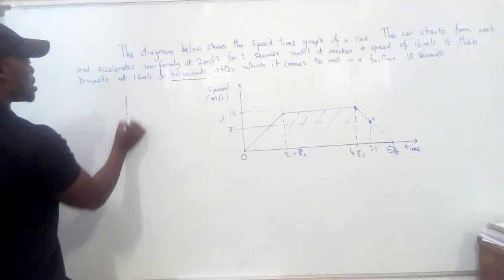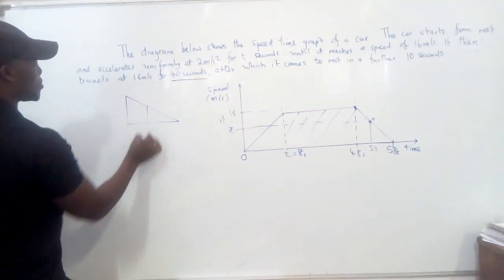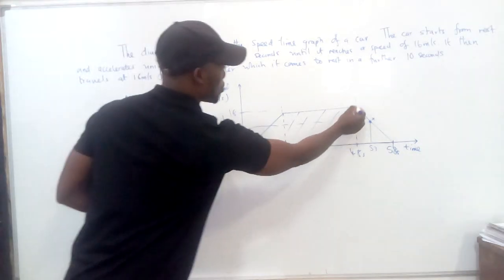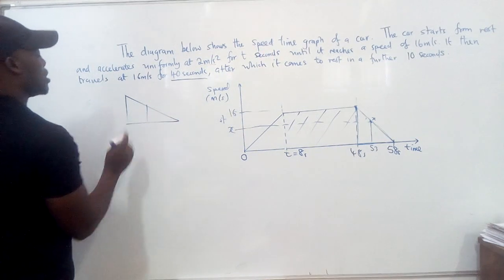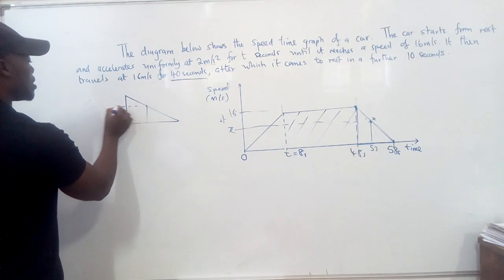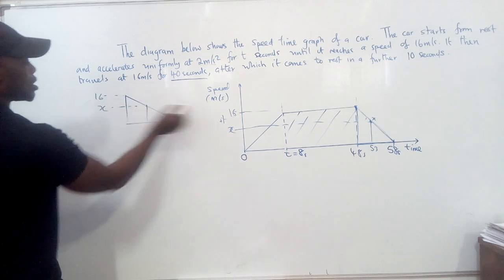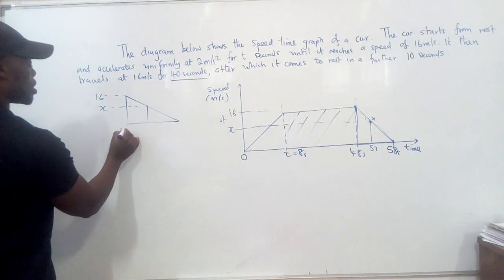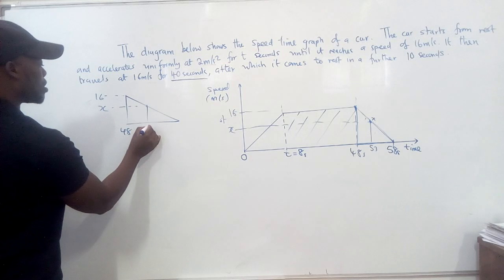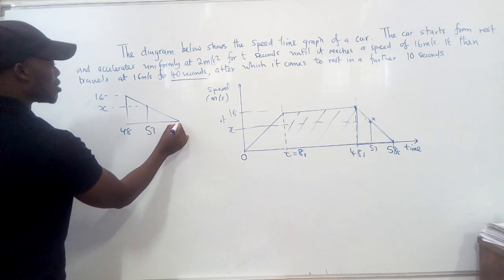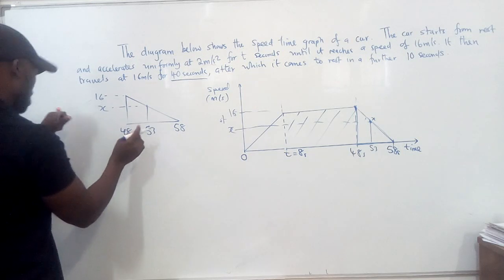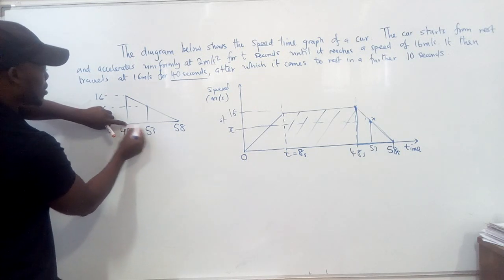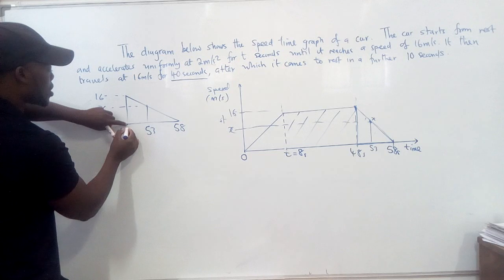We use the idea of similarity. So you see, I've just gotten this part over here. Here the distance we don't know, the speed we don't know. Here we know that it's 16. Here we know that it's 48, this one 53, and this one is 58. So we're going to get the time here.